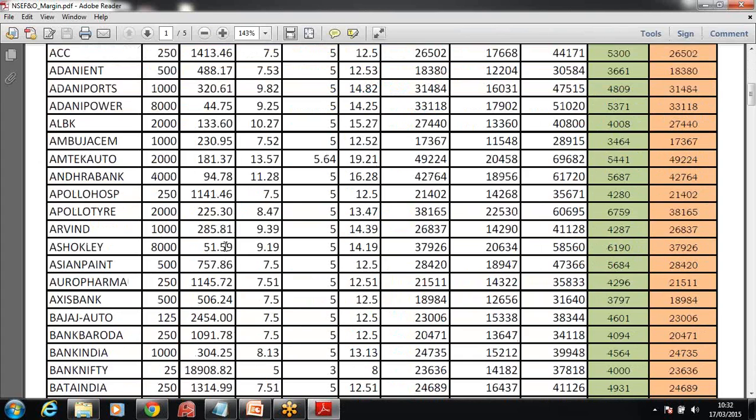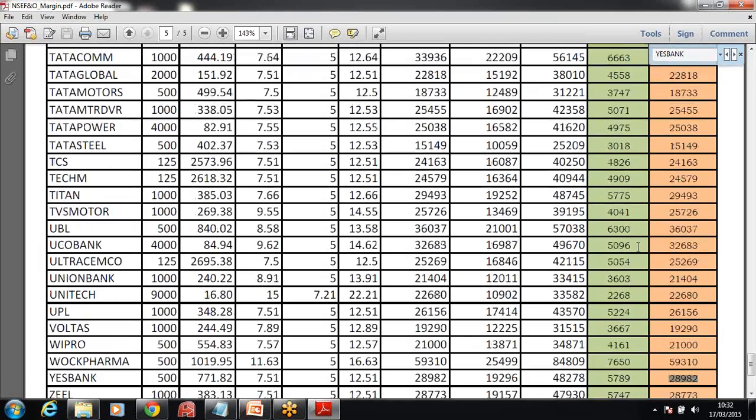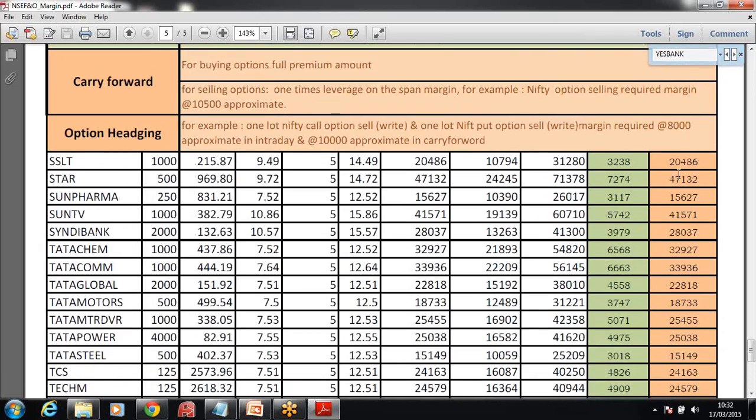Now this will vary from your broker to my broker, because finally it is the carryover margin that you should be asking him. My broker gives me a Yes Bank lot at 28,982 rupees for carryover trades.